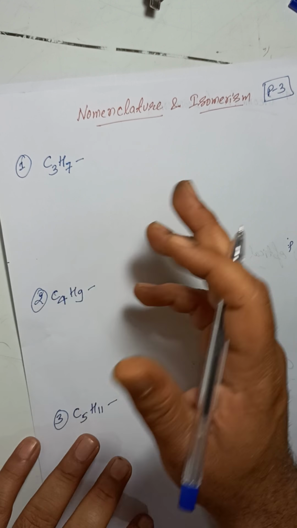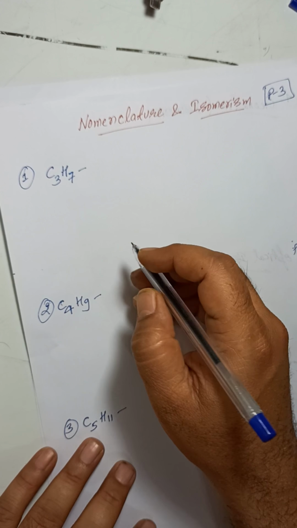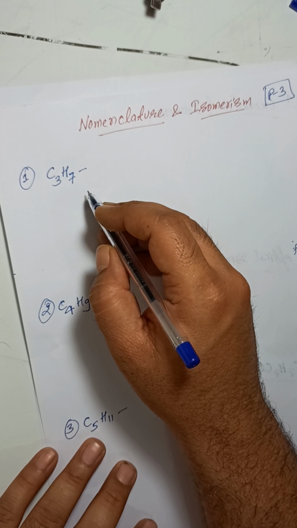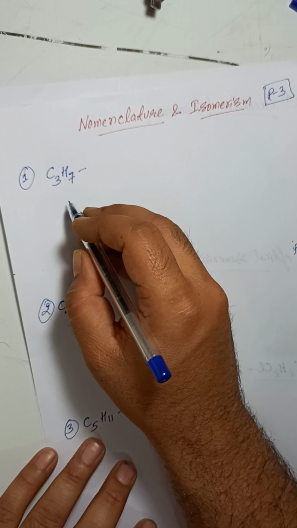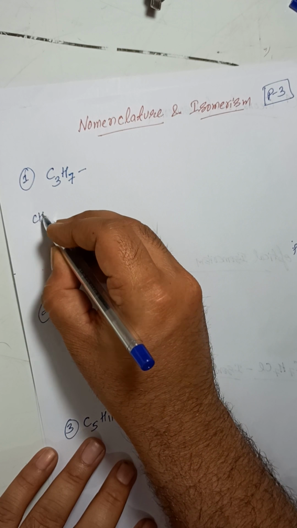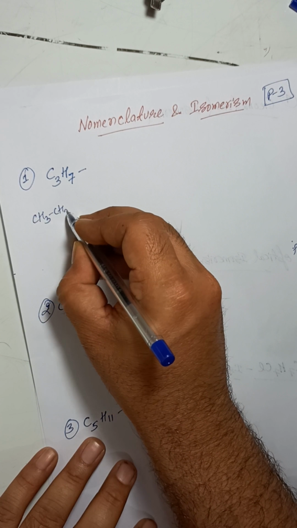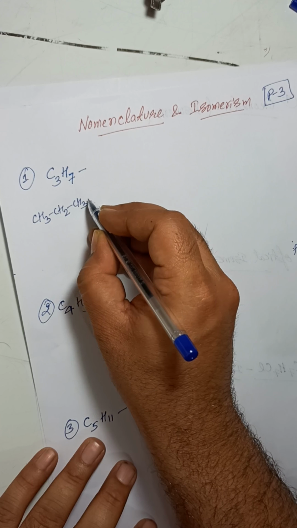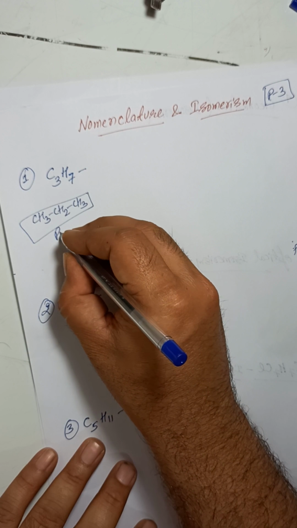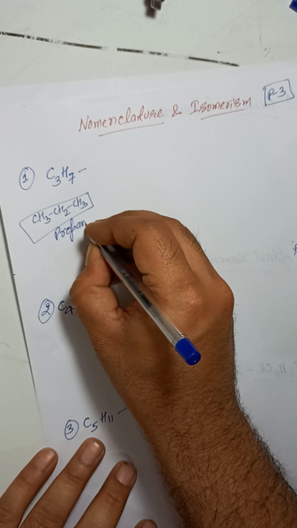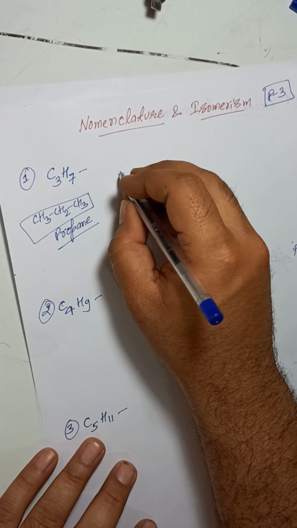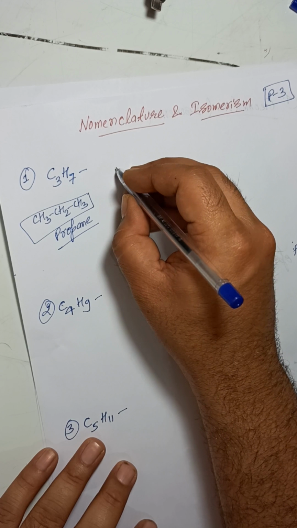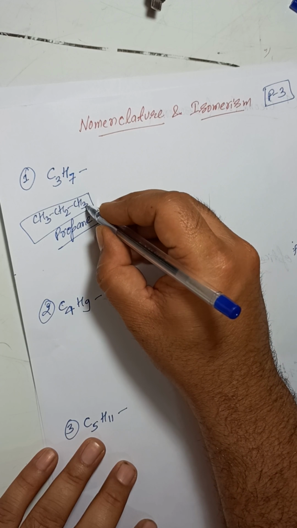But isomers we have also drawn in class 11th. Okay. But let's go through it again. C3H7. This is propane, correct? Propyl, we can remove hydrogen from here or here.